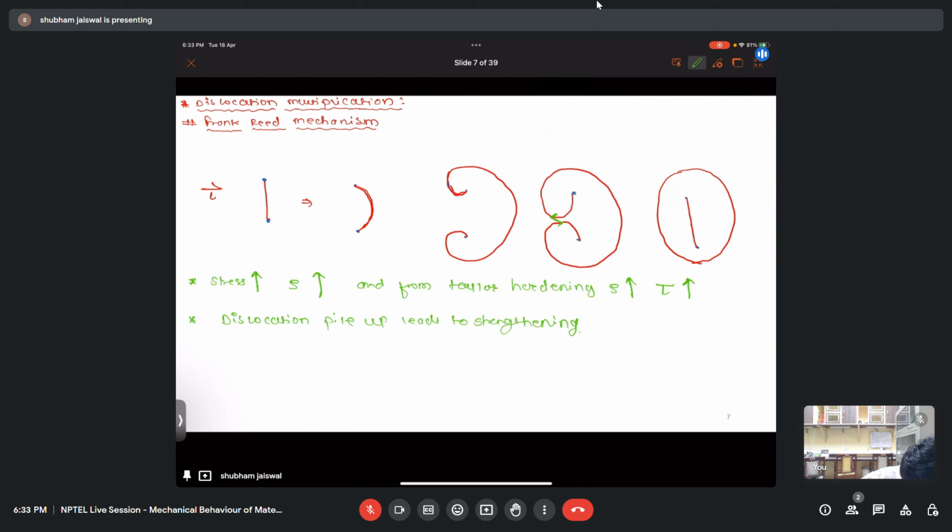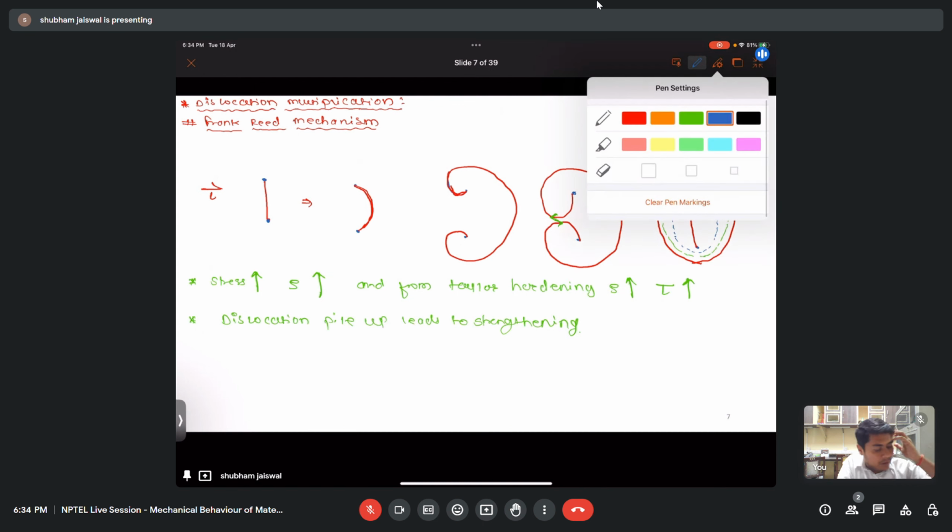Then after that, again dislocations are getting generated here, the one that I have shown in the green. Then again some dislocations will get generated, and it will start piling up, and this will result in the increase in strength of the material. So this is about the Frank-Read mechanism.